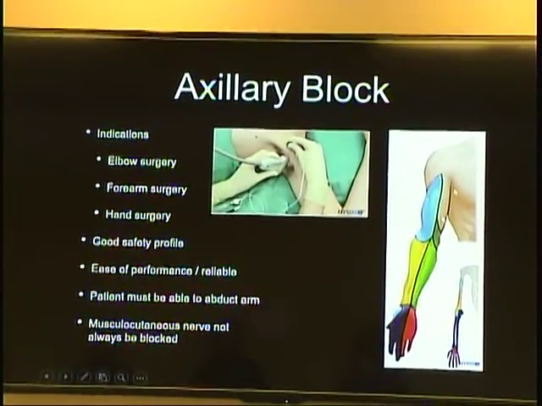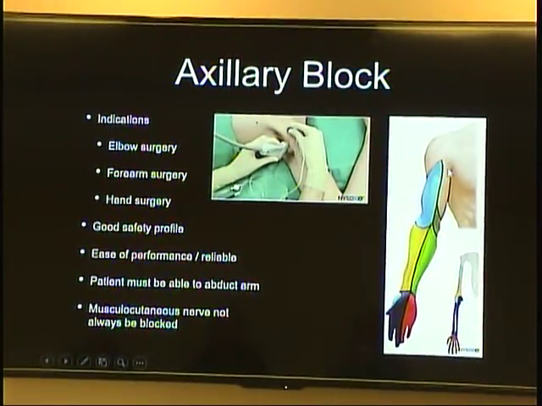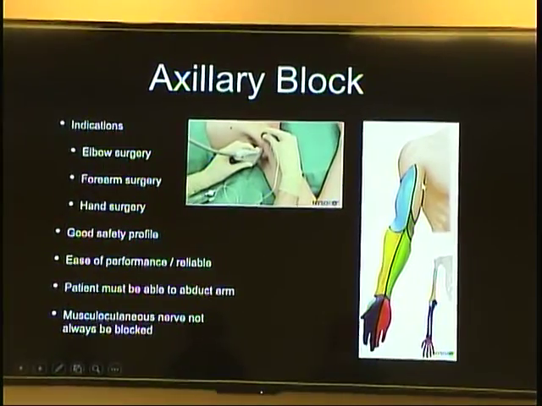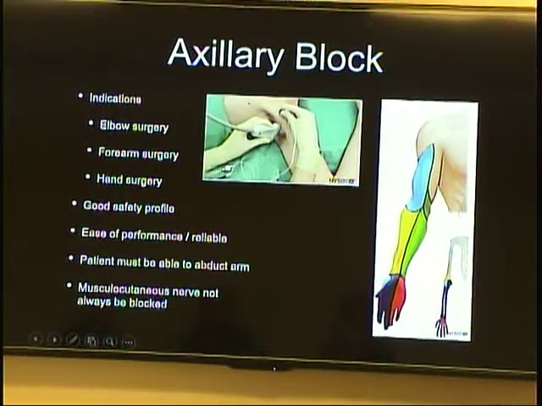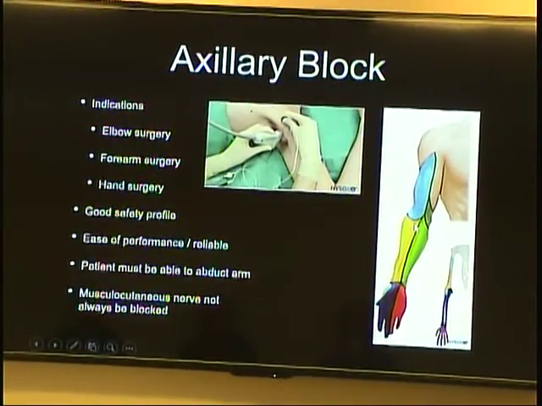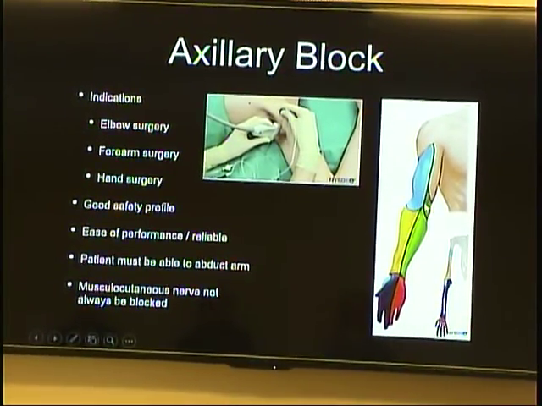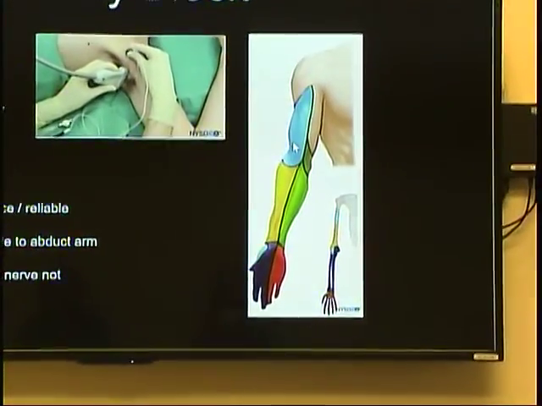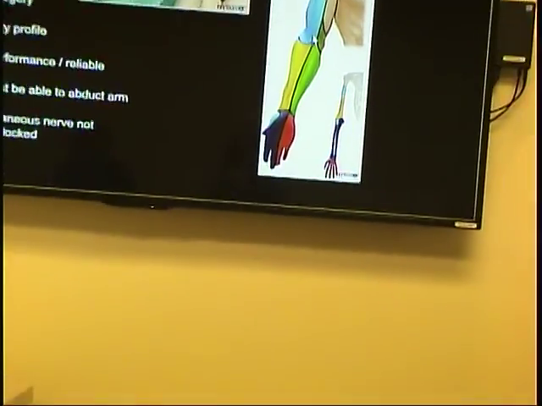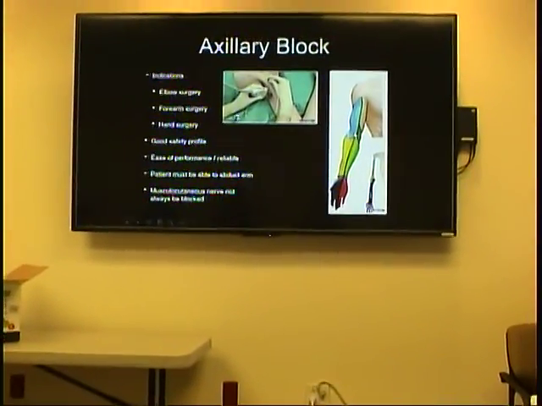This is really good for some arm surgery, especially if you're worried about COPD. It's also great for the lower arm, below the elbow, maybe a little upstream of the elbow as well. Since the whole arm's not paralyzed, they still get some movement out of it. If they're doing hand surgery or forearm surgery, some people don't like having their whole arm paralyzed, so this is nice for that as well.